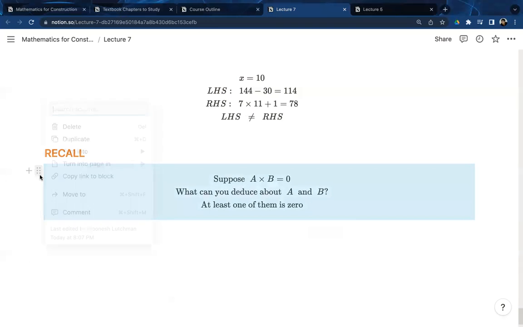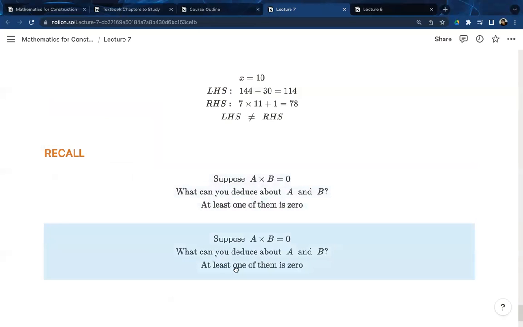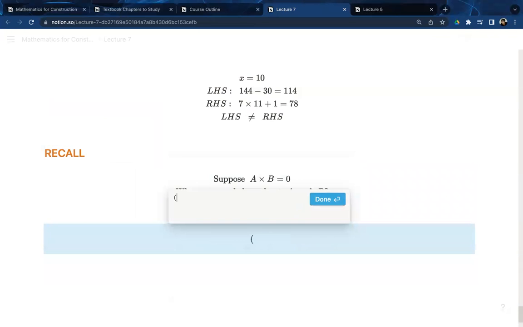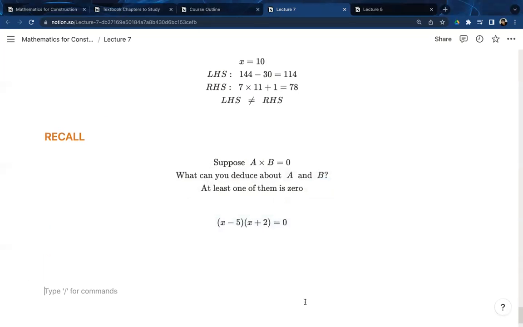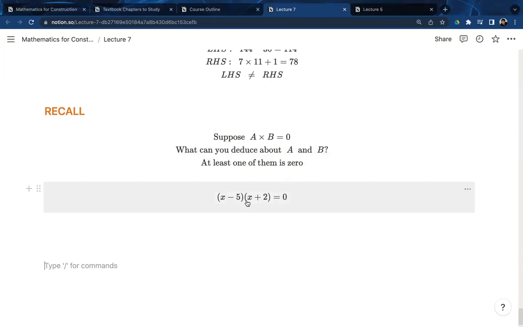What implications does this have for questions like this? If I give you this equation here, x minus 5 by x plus 2 equals 0.